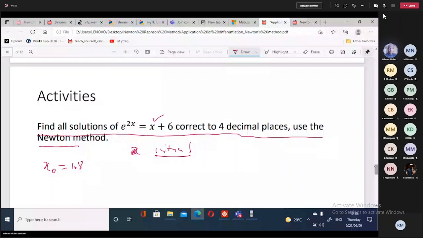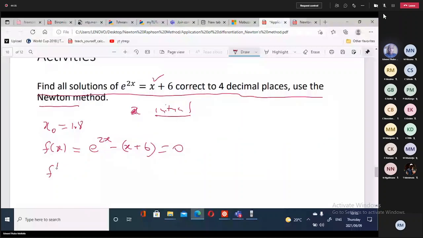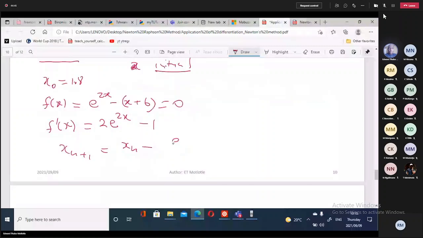Now it means that our f' right here is equal to 2e to the power 2x minus 1. So our solution here, we have xn plus 1 is equal to xn minus (e to the power 2x minus x plus 6) over (2e to the power 2x minus 1).